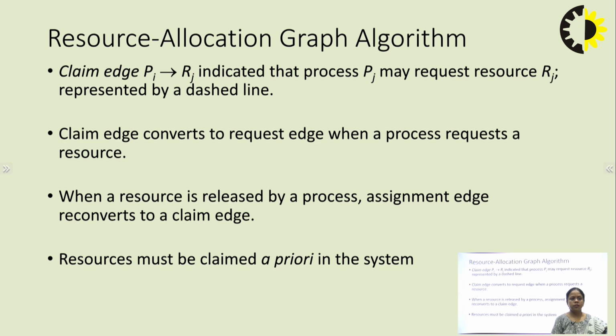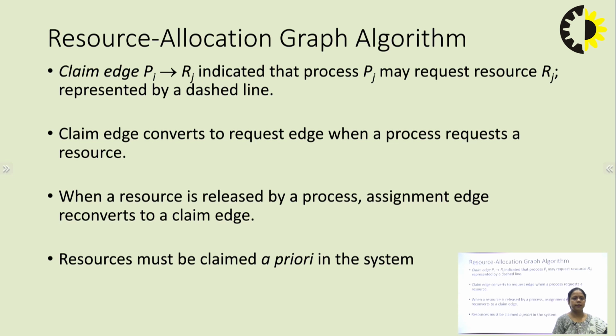When a resource is released by a process, assignment edge converts back to a claim edge. Resources must be claimed a priori in the system. It means we will predict that a particular process can demand this resource, so with the help of a dashed line we can show this claim edge.